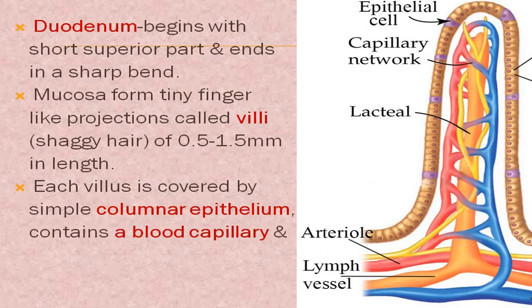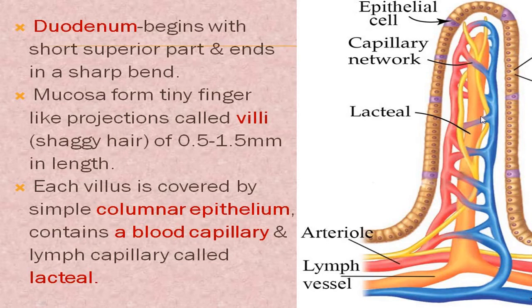And villi or villus contains a network of blood capillary and a lymph capillary called lacteal. As you can see in this figure, this is a structure of a villus. Its covering is made up of columnar epithelium.